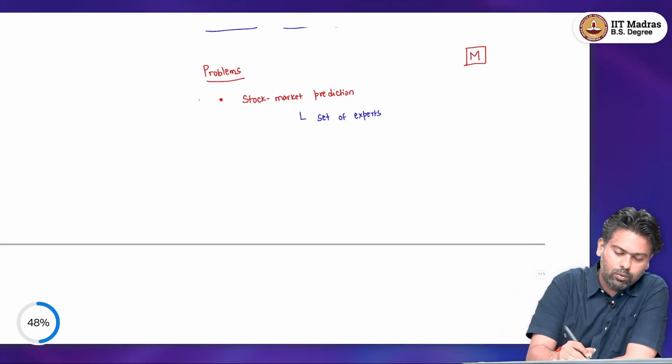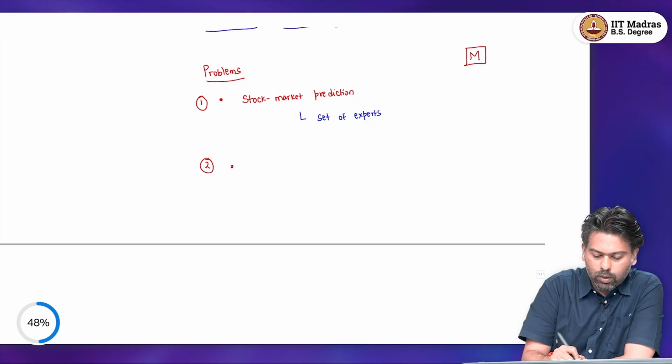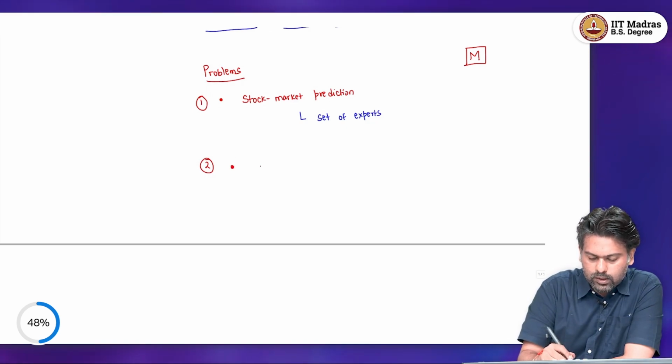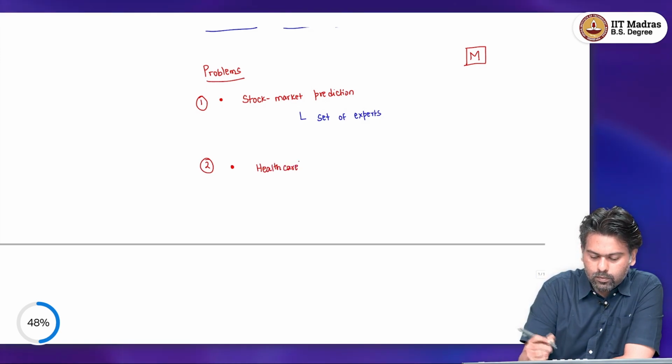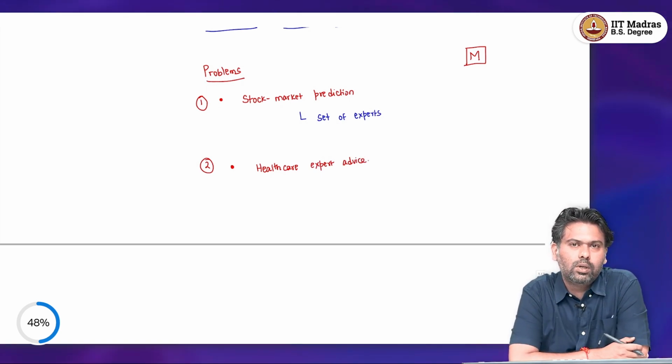Now, this is problem number 1 that we have already seen. Now, I am going to tell you problem number 2, which is healthcare. I am going to call it healthcare expert advice.